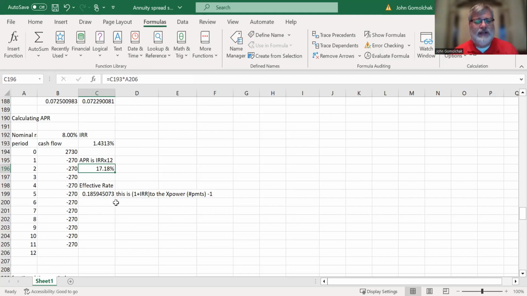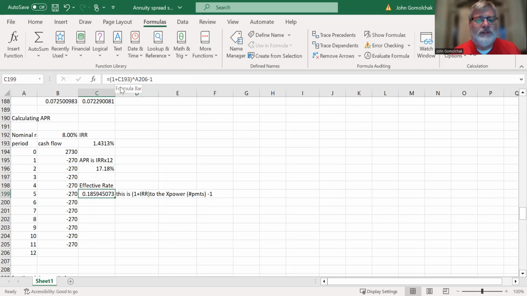The effective rate is calculated as (1 plus the internal rate of return), close paren, and then to the power of the number of payments. So the number of payments is 11 minus 1.